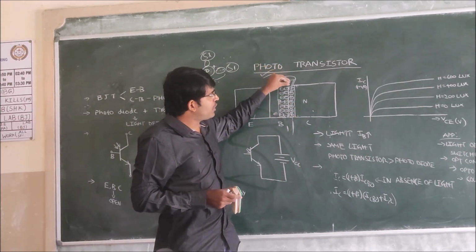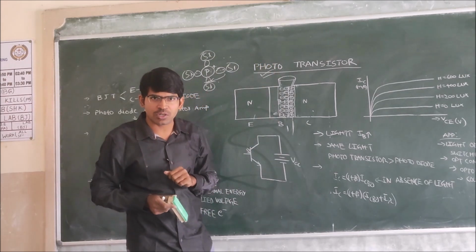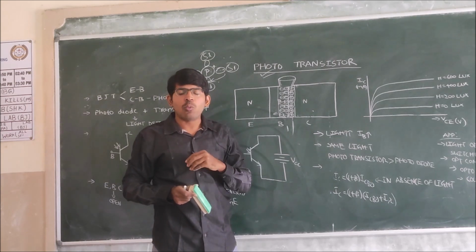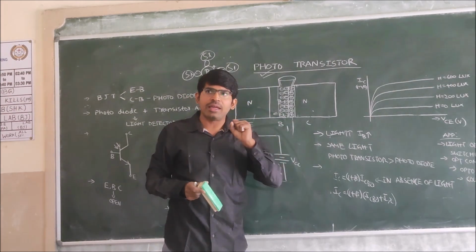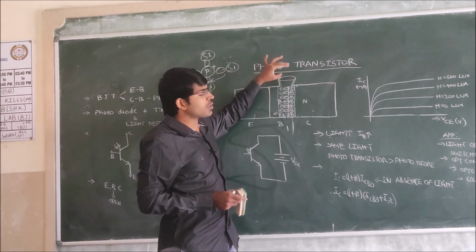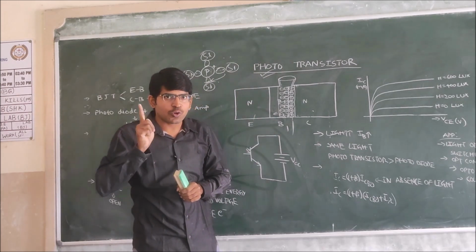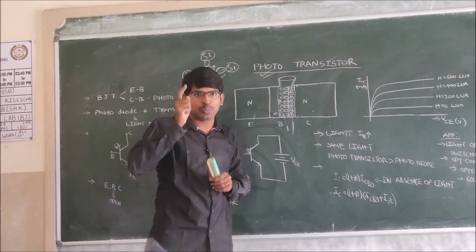But when you are giving the light, a huge amount of current is observed. When you are giving more amount of light, more output will be observed. For the same amount of light, if you give to the photodiode and phototransistor, the output of the phototransistor is higher than the photodiode.